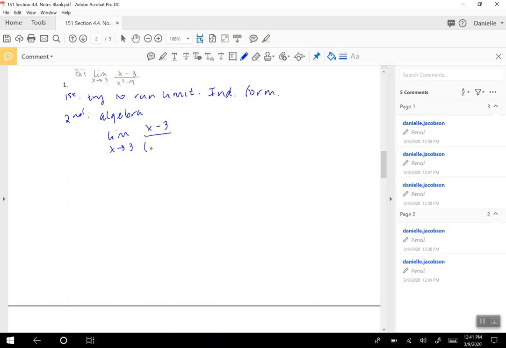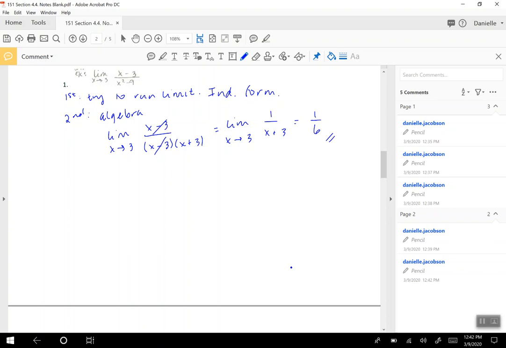So x squared minus 9 factors to x minus 3 times x plus 3. Therefore, the x minus 3's divide out to 1. And we're left with the limit as x goes to 3 of 1 over x plus 3. Notice here we can run the limit and get the result. So this is simply 1/6. All right, so if we can, it's kind of nice to use algebra.